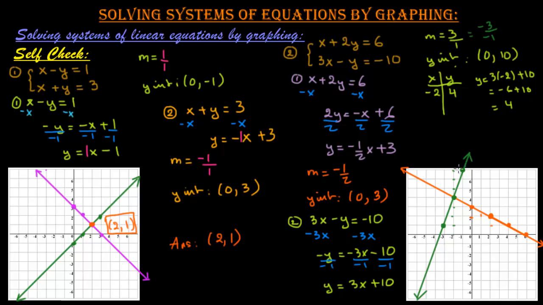Okay, and as you see, they intersect at this point. So they intersect at this point, which is -2 and 4, my answer. So the answer for this problem is -2, 4. I hope I gave you some idea how to solve a system of linear equations by graphing.